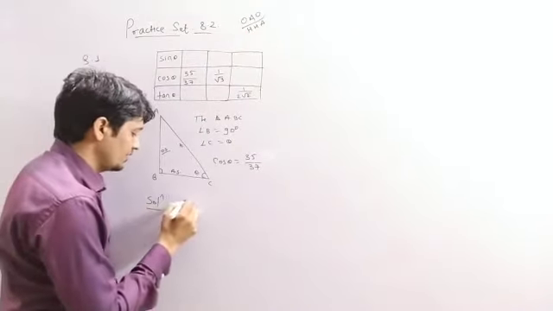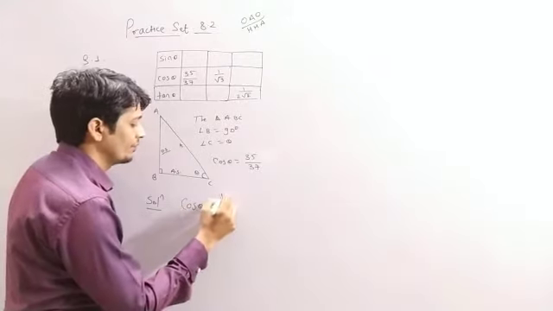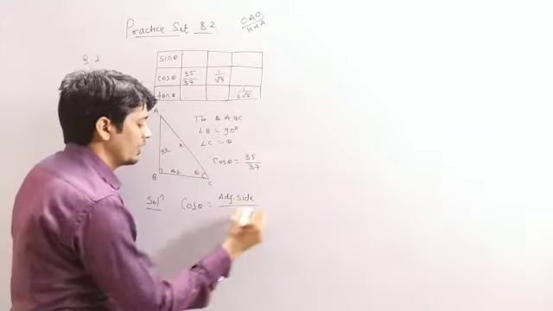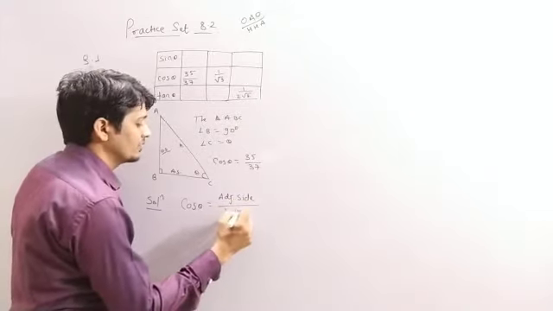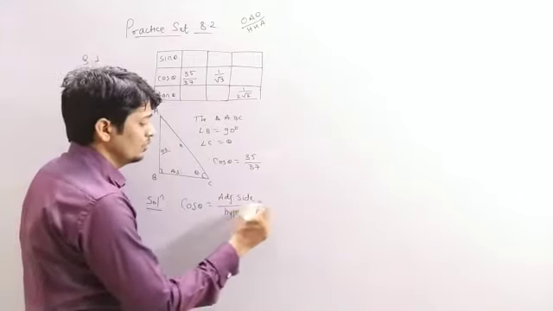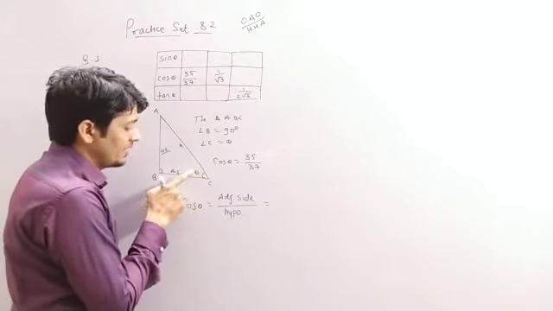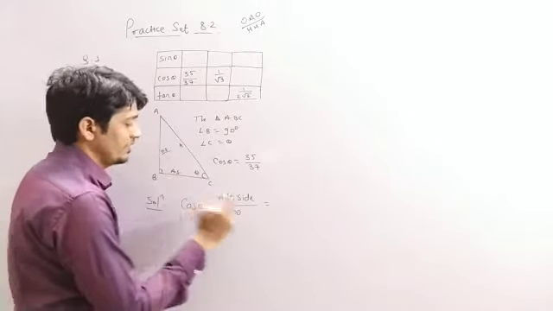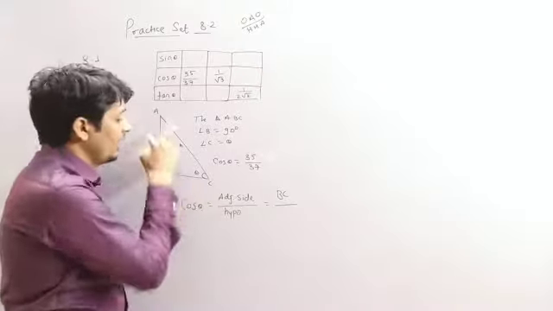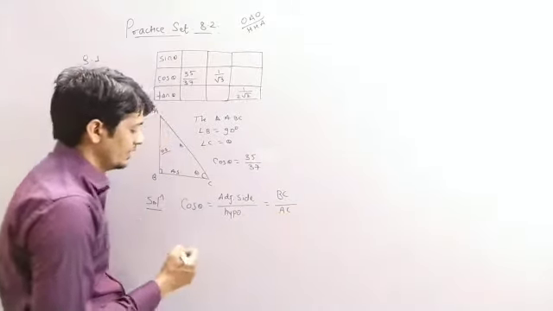So for angle theta, the adjacent side will be BC, so we write BC divided by AC, which is the hypotenuse.